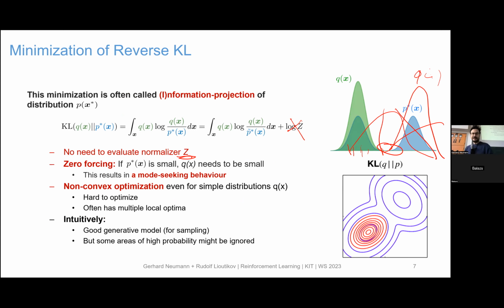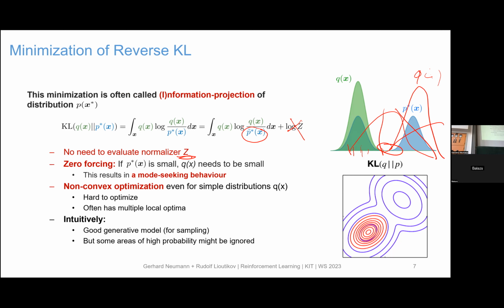And what we can see if we look at this equation here, we had the argument that this is zero forcing. We called it zero forcing, because if you look at the equation here, whenever this P star, which is the target distribution, is very small, close to zero, the only way to get this KL down is to set P to zero as well.